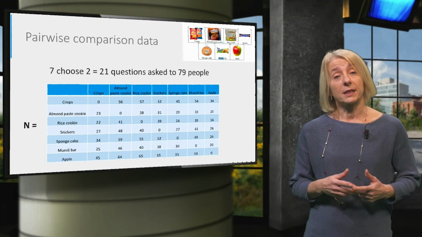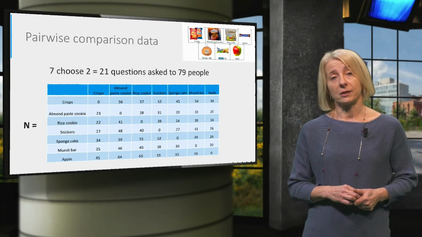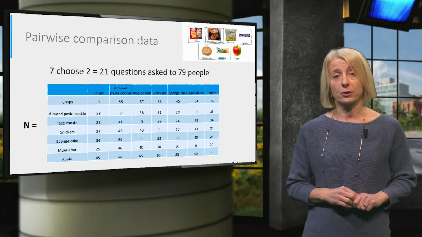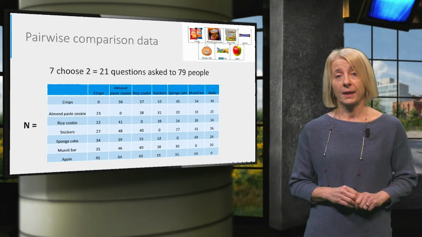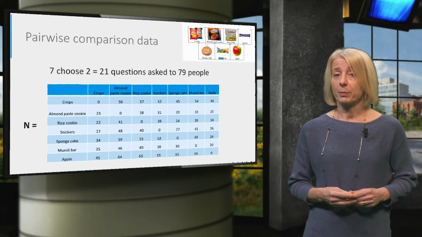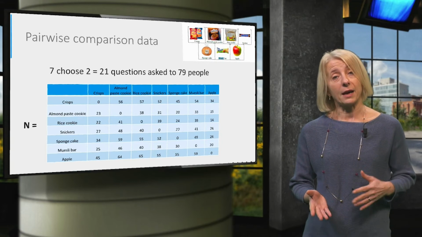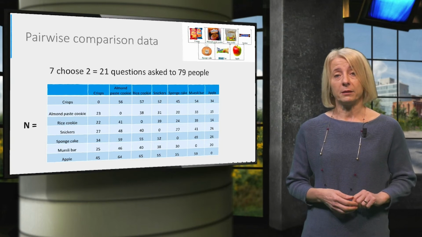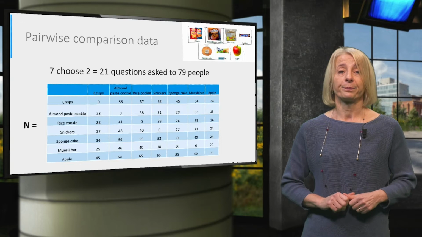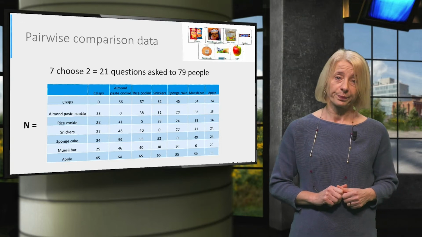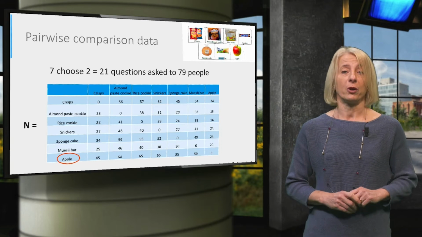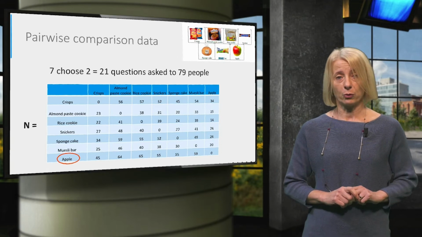79 people participated in the elicitation study and each provided 21 pairwise comparisons of 7 snacks. The number of experts that preferred snack I to snack J is presented in the data matrix N, shown in this slide. We see that an apple is the most preferred snack by this group of experts.